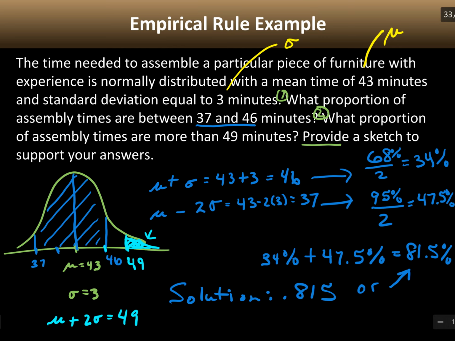This is the 95% of the rule, so that must be 2.5%, because 95% would leave 5%, to make it 100. Divide that by 2, there would be 2.5% in each of the tails. So the solution for the second question is going to be 0.025 or 2.5%.